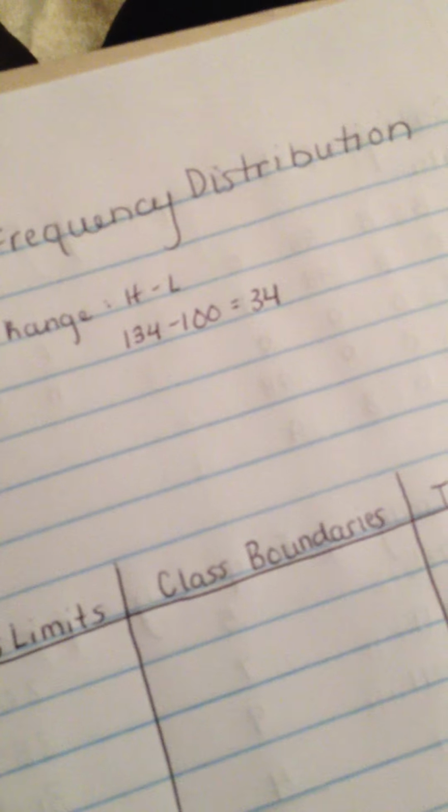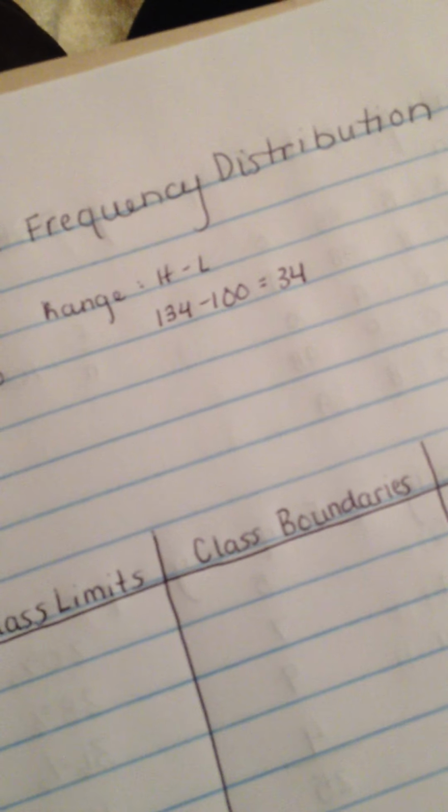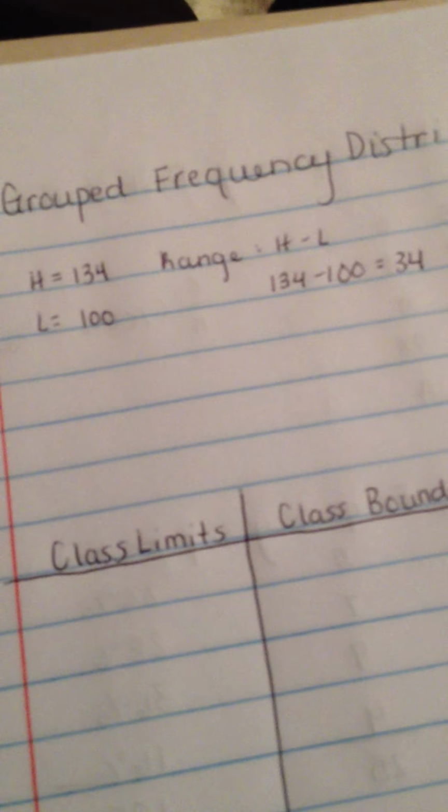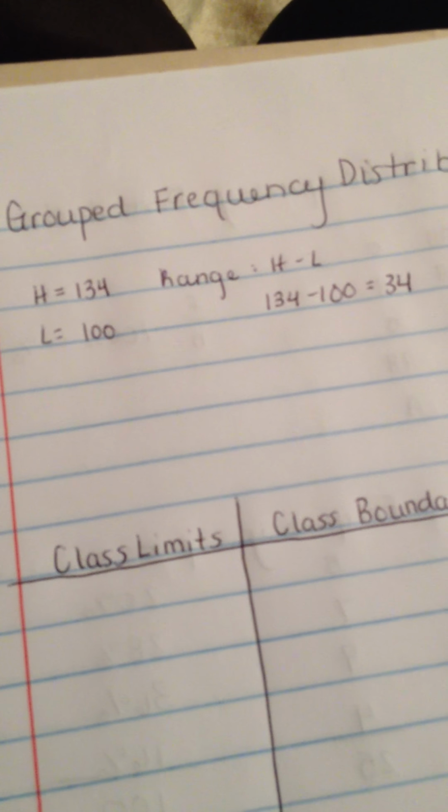And then you need to select the number of classes desired. Usually it's between 5 and 20. In this case, we'll be doing 7 classes. To find the class width, you divide the range by the total number of classes.